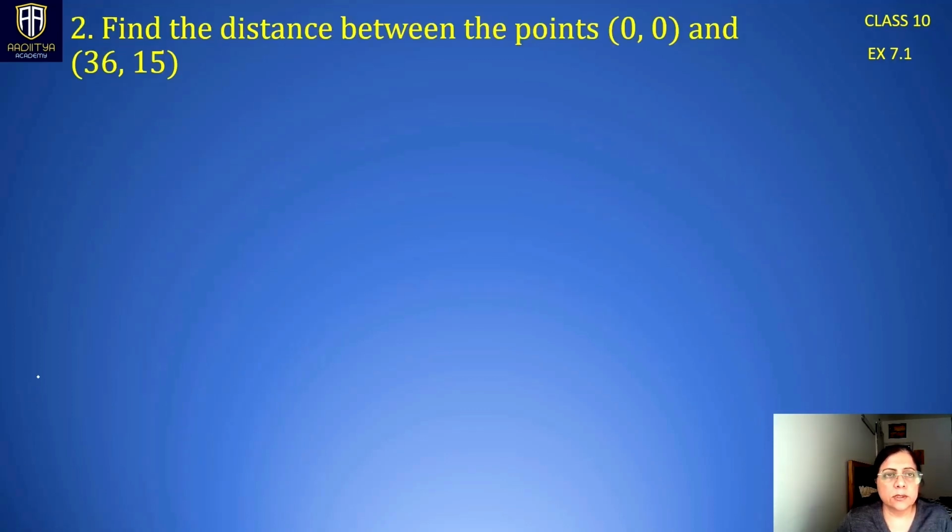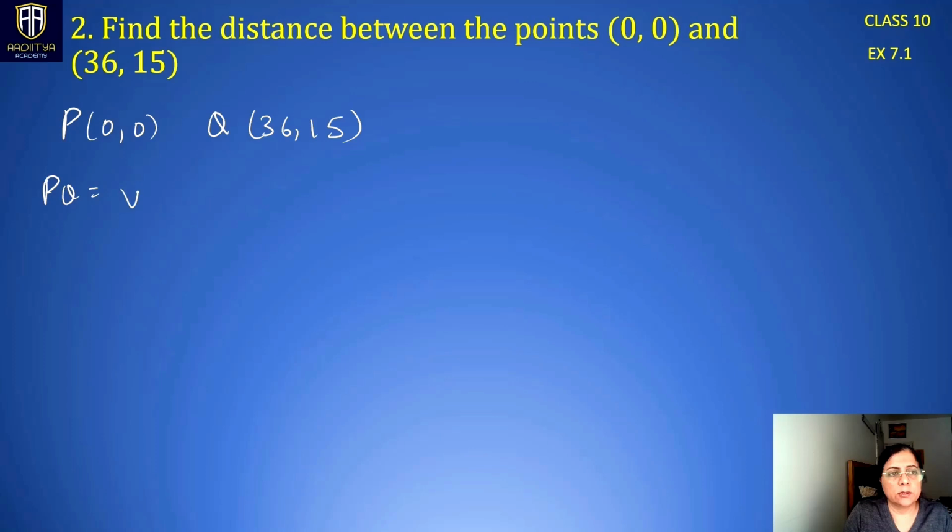Next is find the distance between the points P (0, 0) and Q (36, 15). The formula for PQ is the square root of (x2 minus x1) whole square plus (y2 minus y1) whole square.